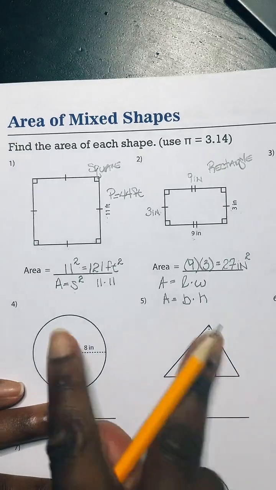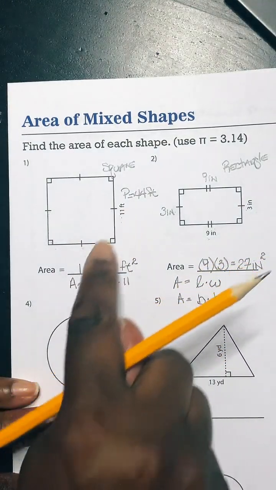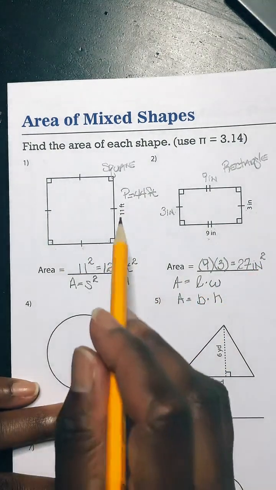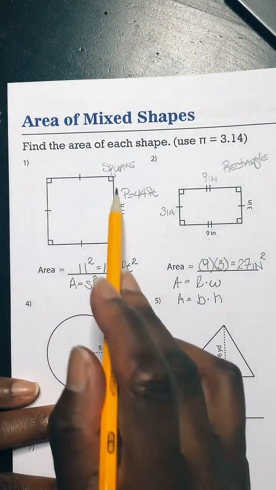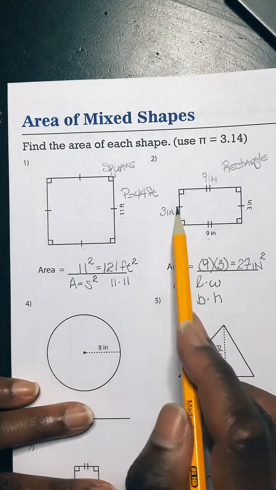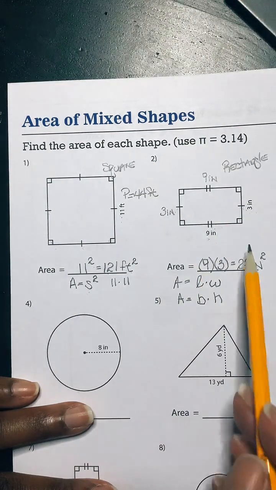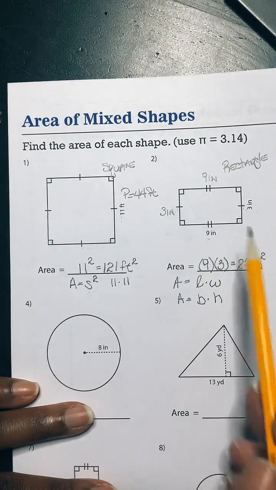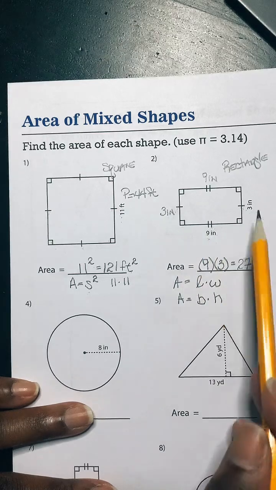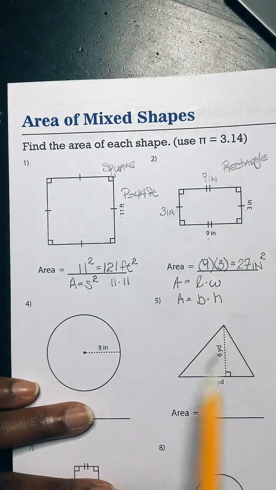All right. So, are we okay so far? Square is your side squared, because all sides are exactly the same as well as the angles. Rectangle, we have one set of congruent sides and another set of congruent sides. So you are going to do a side times side, but it's really your base times your height, or your length times your width.